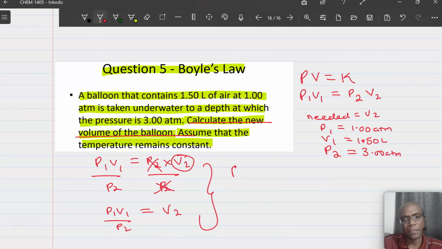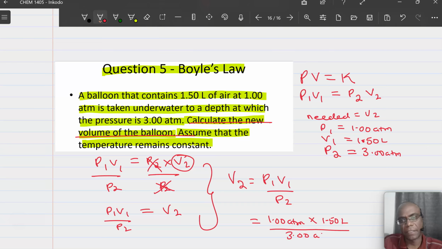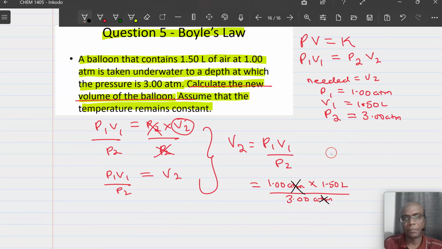So I say V2 equals P1 times V1 over P2. P1 is 1.00 atm, V1 is 1.50 liters, and P2 is 3.00 atm. Now we can multiply this together, but let's get rid of the units first and then punch in the numbers. This is just 1.5 over 3.